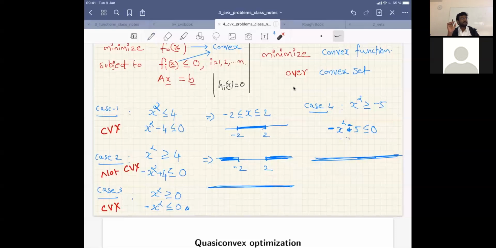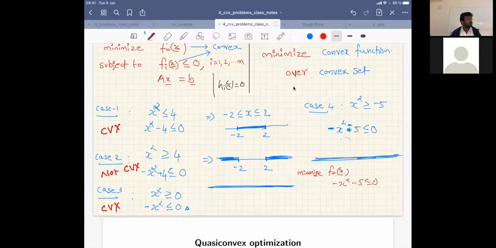Most of the time it will work, but sometimes you can come up with an equivalent form. So what you are doing in your problem is just dropping this constraint. For example, your problem was minimize f0(x) subject to minus x square minus 5 less than 0.